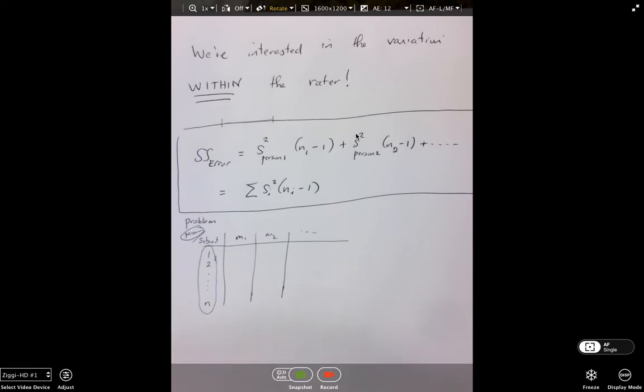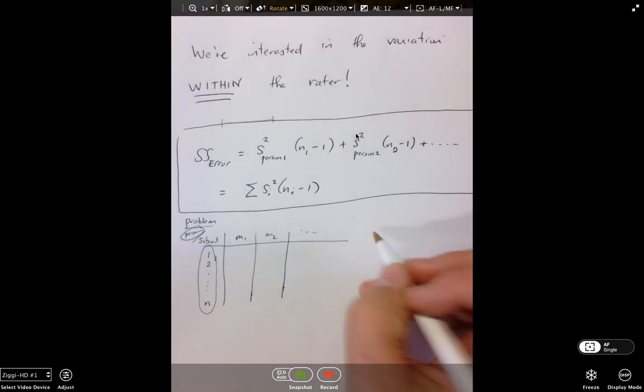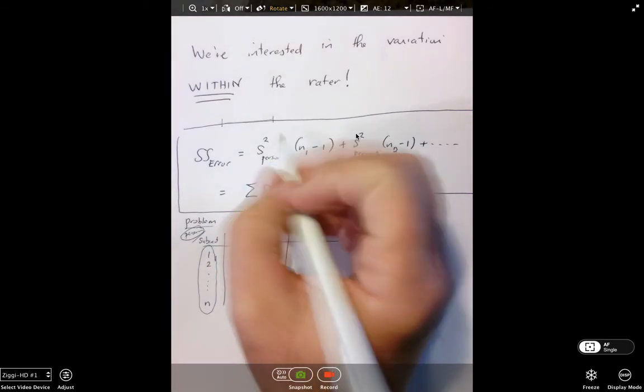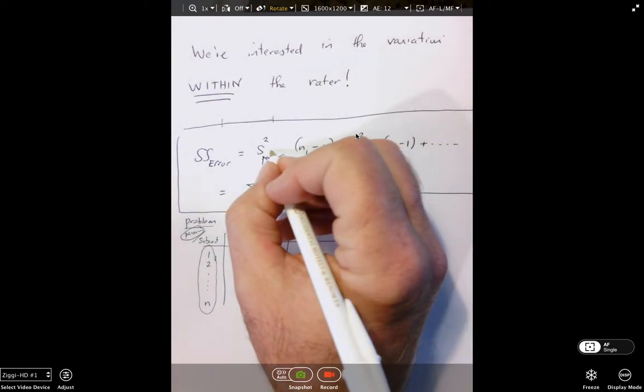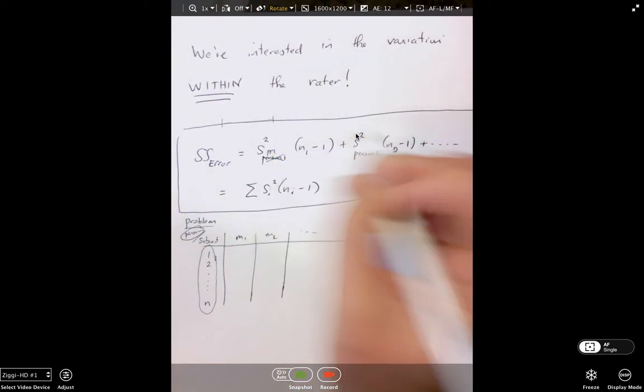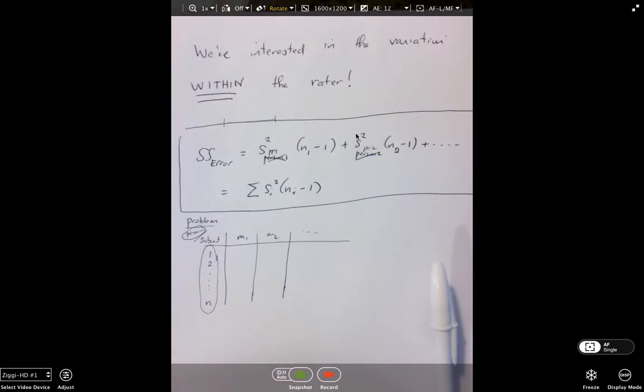And I chose this example for this very reason, for you guys to see that sometimes we take repeated measures over something other than just a measurement on a person, and that's what we've done here in the problem. And then I almost screwed it up. So this is going to be problem 1 and problem 2 and so on and so forth.